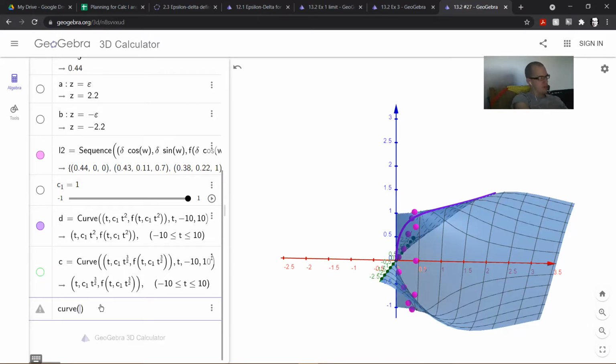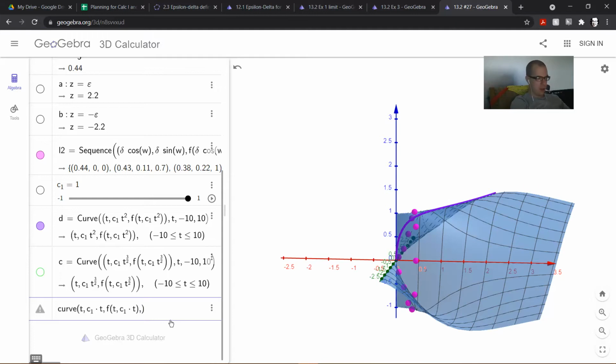But if we were just going to make a straight line in the xy plane, we would want to use t. And then I guess I've made my slope c1 here. So c1 times t for the y value. Then we would want to use f of t comma c1 times t for the z value.